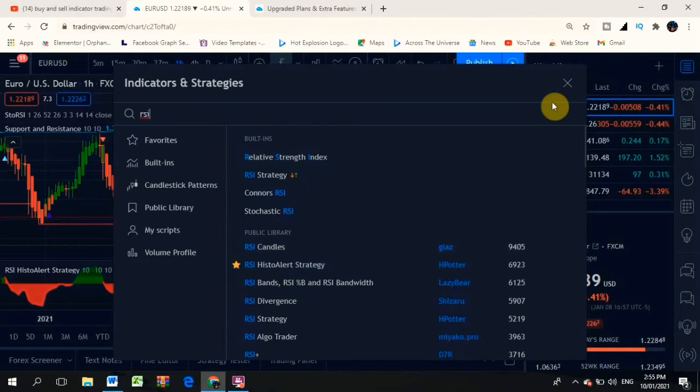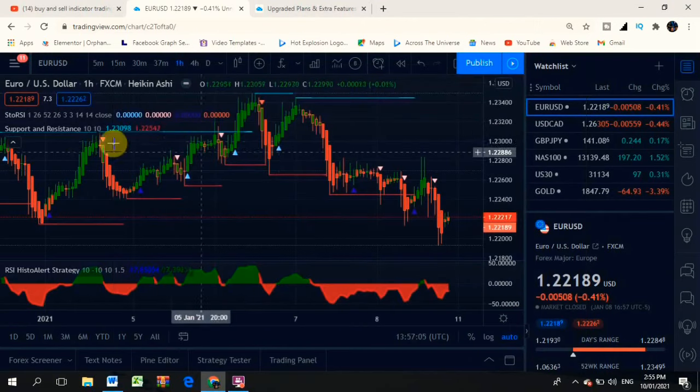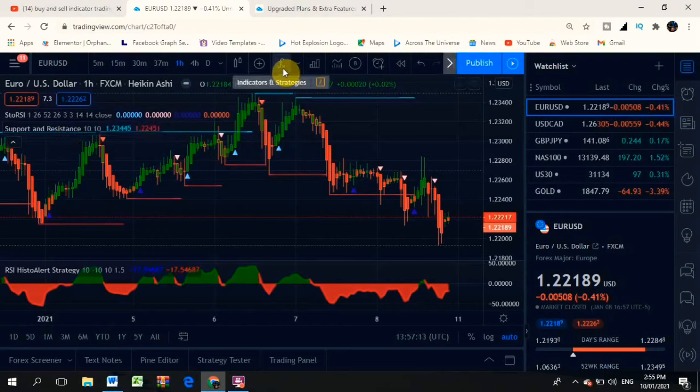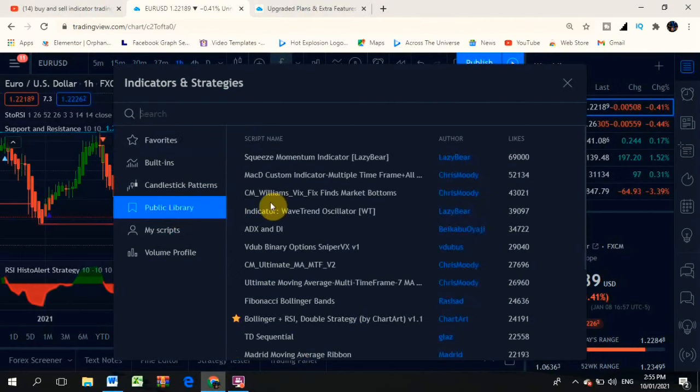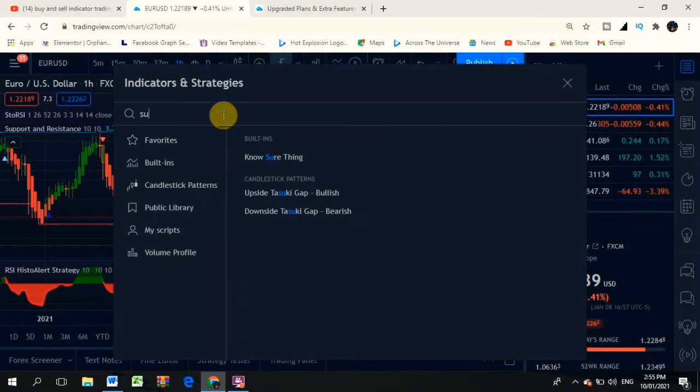Then this is the support and resistance indicator. You follow the same procedure. You go to the indicators, you go to the public library. When you get to the public library, you search for support and resistance.